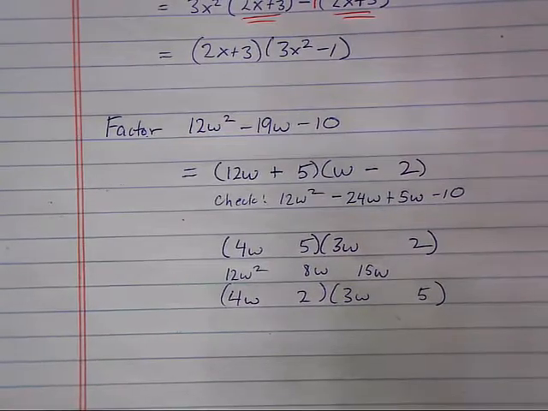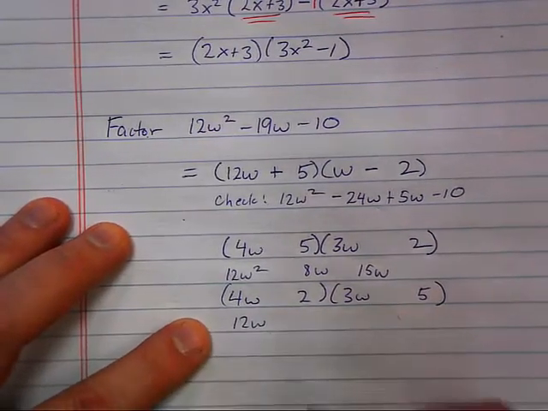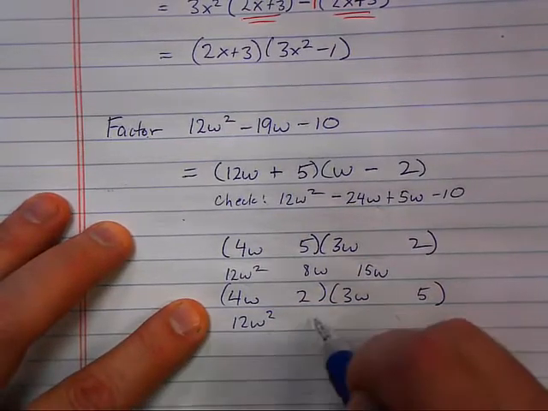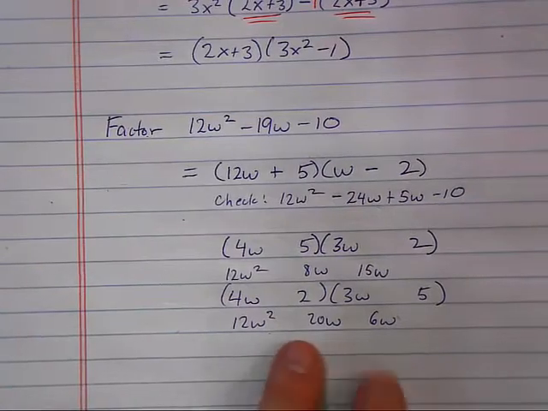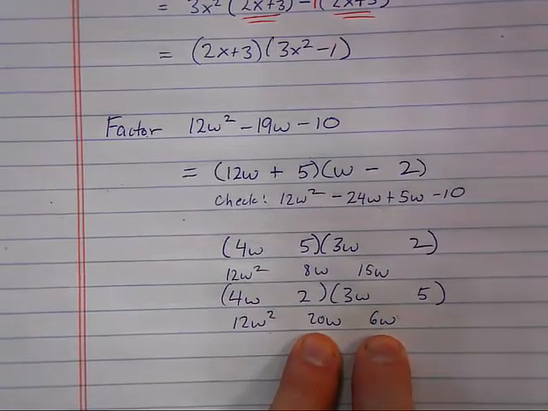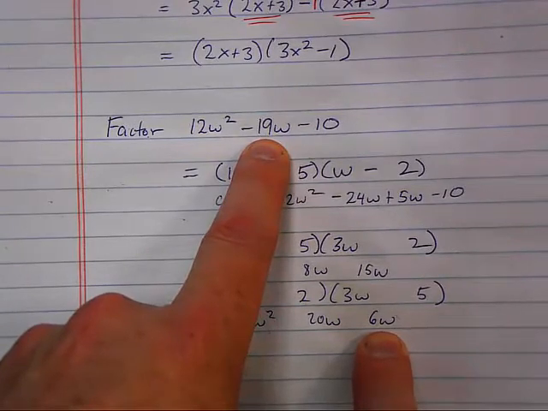Maybe just moving the numbers will help. Well, again, if I were to try to do FOIL, I would have 12w squared, and then I would have a 20w and a 6w. And again, I would have to ask myself, is there any way I can work out the signs with a 20w and a 6w to get a negative 19 in the middle? So, I mean, no.